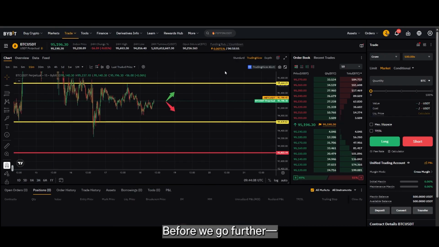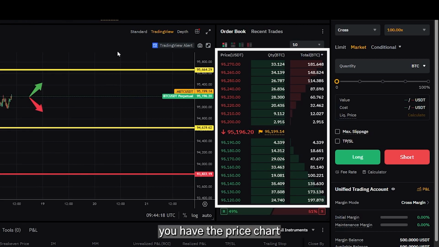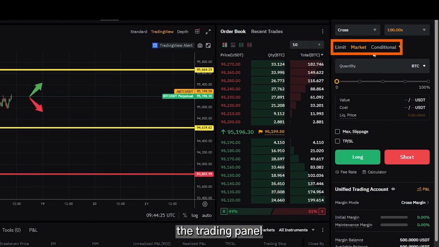Before we go further, take a breath. The screen looks complicated, but the structure is actually very clear. On the left, you have the price chart. In the center, the live order book. And on the right, the trading panel. This right panel is where everything happens.